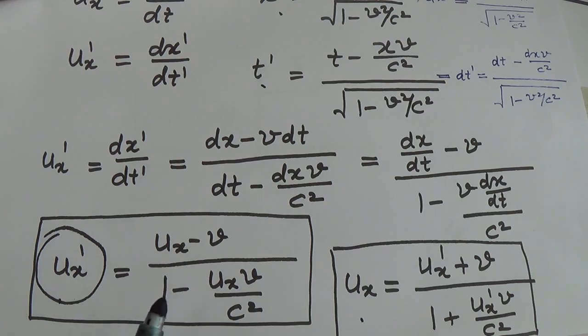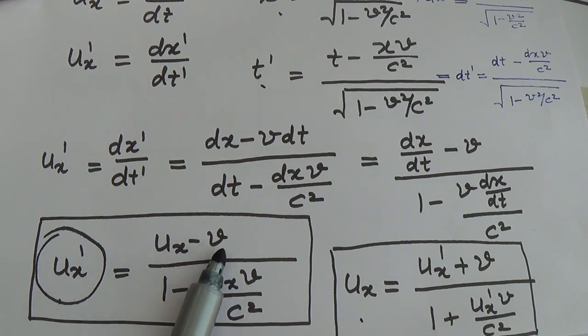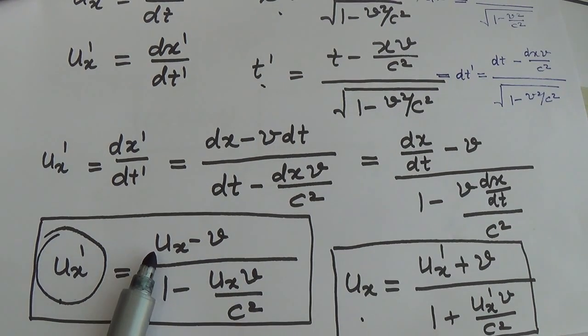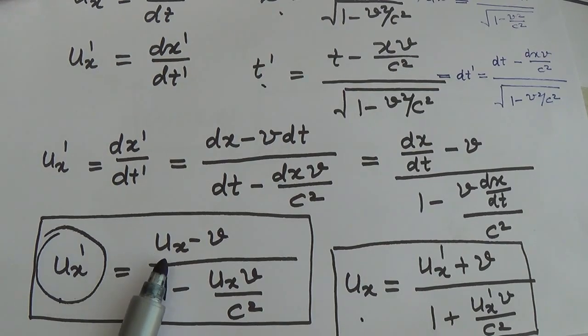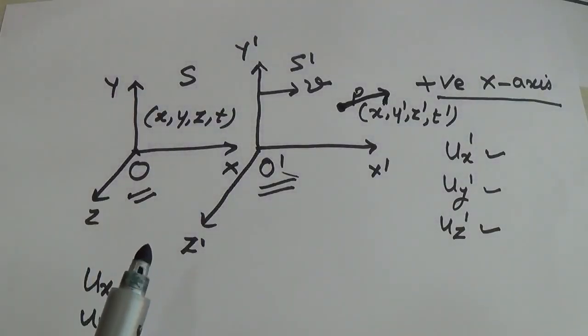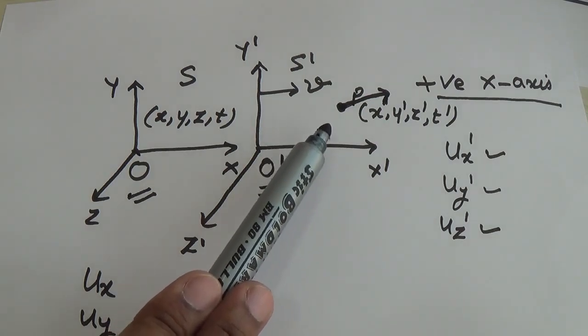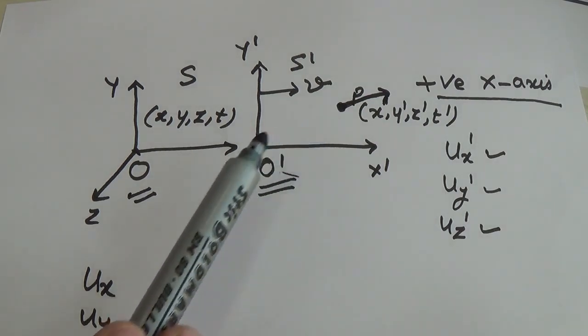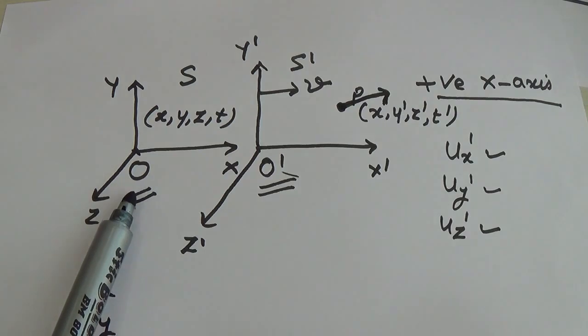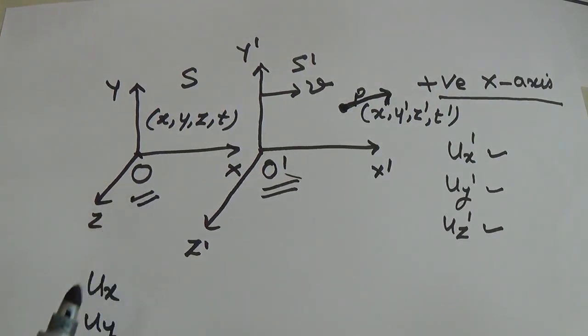It means in the numerical problem these two parameters are given, ux and v, and c we know is the speed of light. v is the relative velocity, ux is the velocity of that particle according to the observer O. As I have mentioned, ux will be the speed, or you can say the component along the x-axis, according to the observer O. So this is the point only.